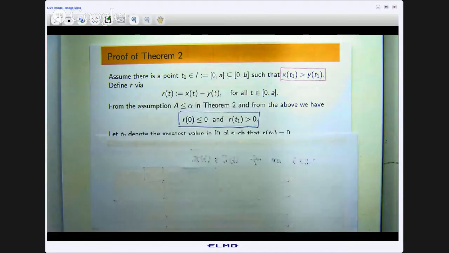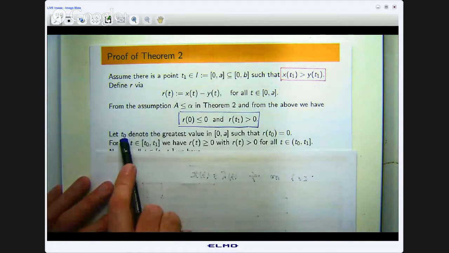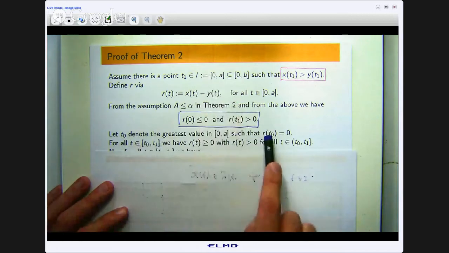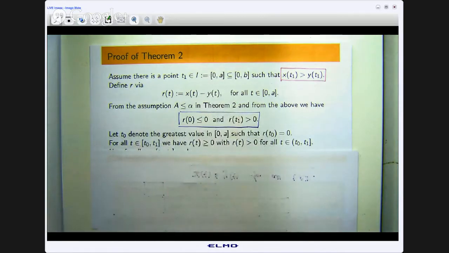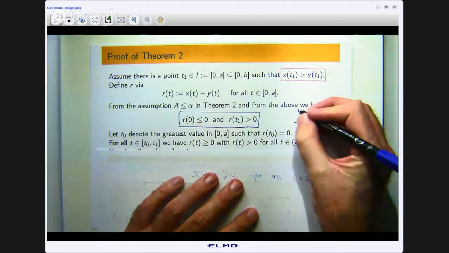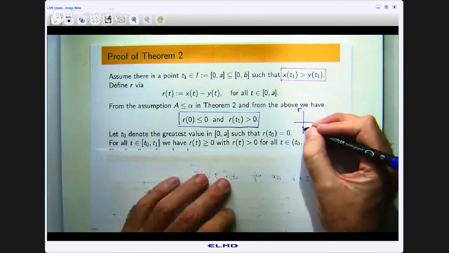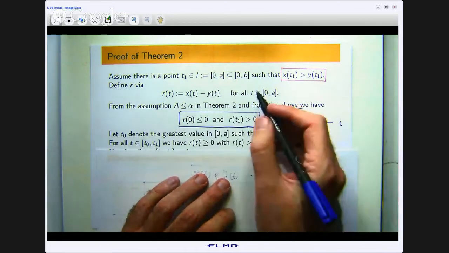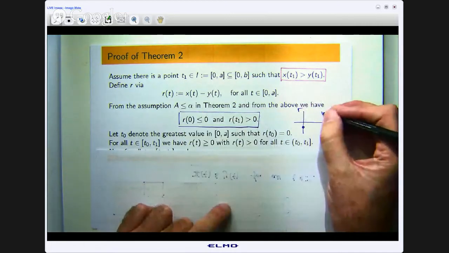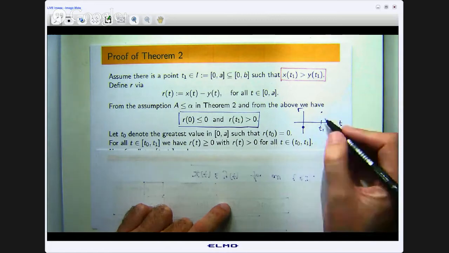All right, so let's let t naught be the greatest value in this interval I, such that r of t naught equals 0. So if I just sort of draw a little graph here, here's r and here's t. I know that r of 0 is less than or equal to 0. Let's say it's there. And I've assumed that there's a point where r of t1 is greater than 0.